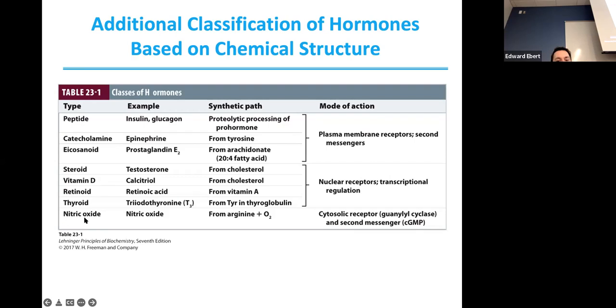Nitric oxide is a weird one because it has a cytosolic receptor and a second messenger. It's similar to the first class, but because it's a gas, it just diffuses across the plasma membrane and binds to a cytosolic receptor, and then from the inside triggers a second messenger.